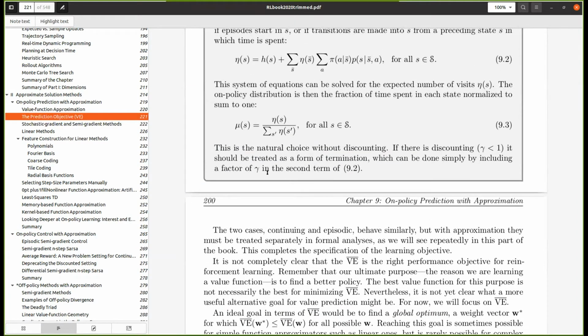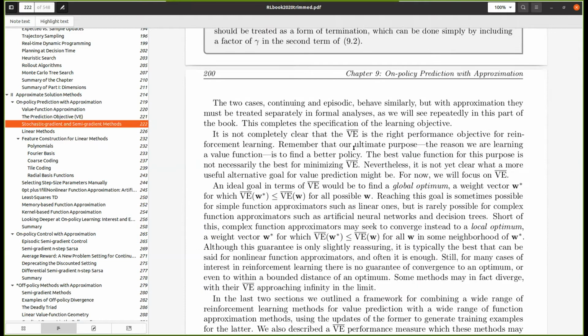And here you can see that this can also be combined with some discounting factor, and it would be incorporated in this part of the equation.